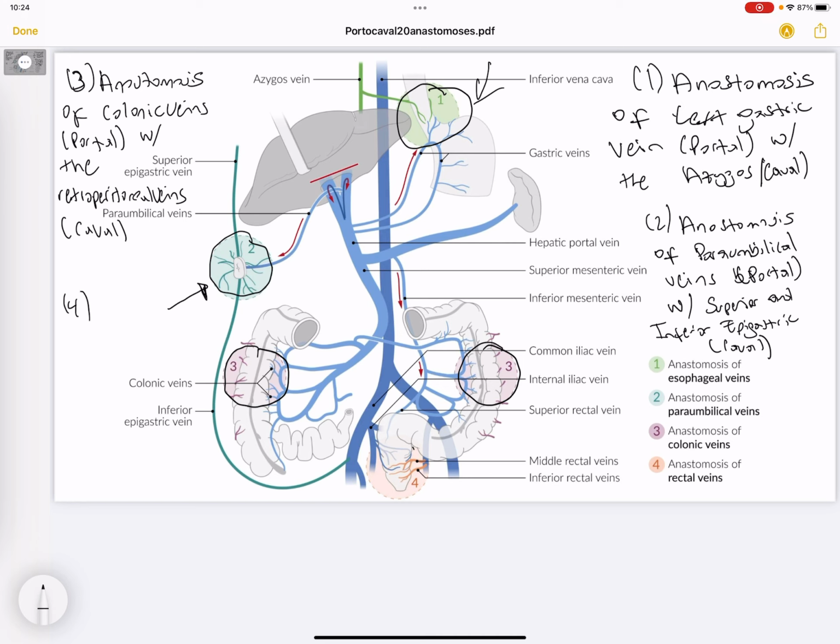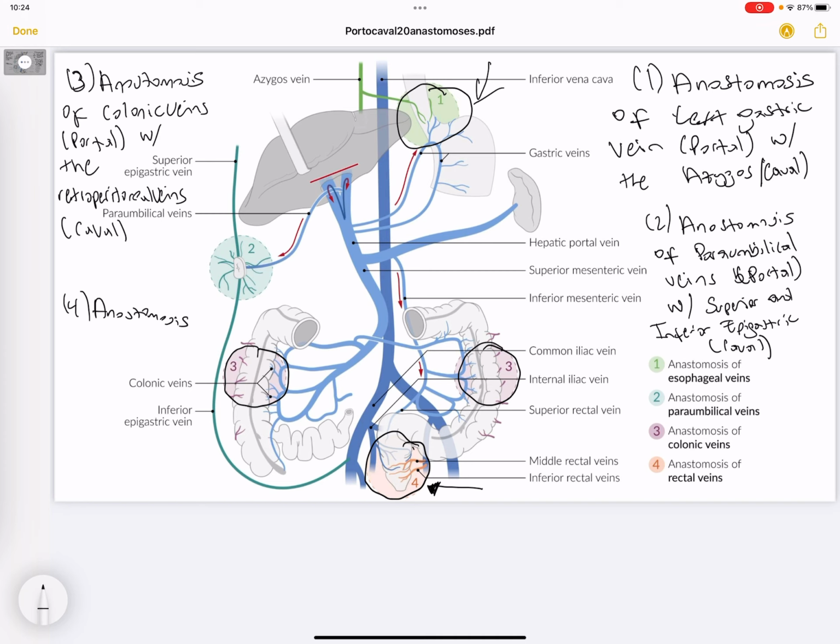And finally, we're going to take a look at the rectum, which is our fourth and final site of anastomosis. And at this site, we see the anastomosis between our superior rectal vein, which is part of our portal system, with the inferior and middle rectal veins of our caval system. Let's write this down again. Let me erase this arrow so it does not confuse anyone.